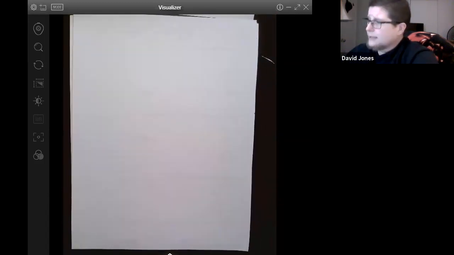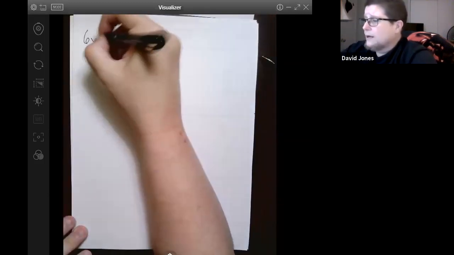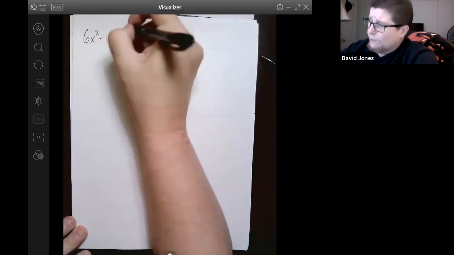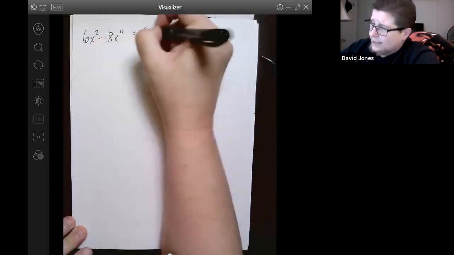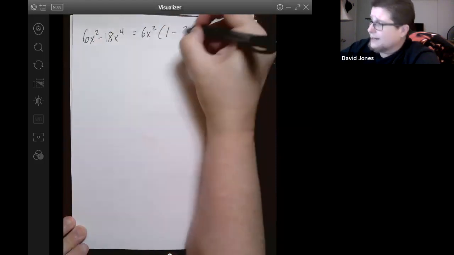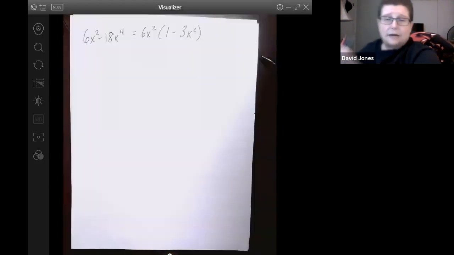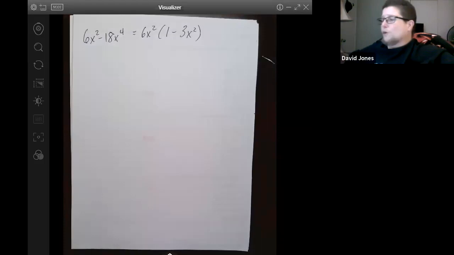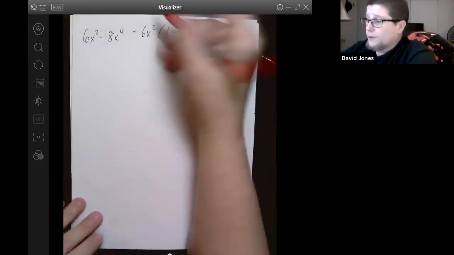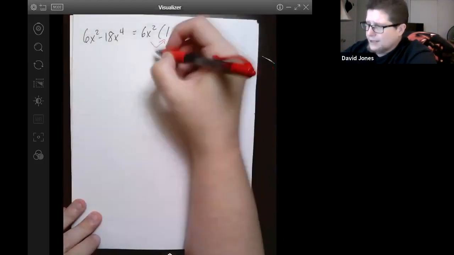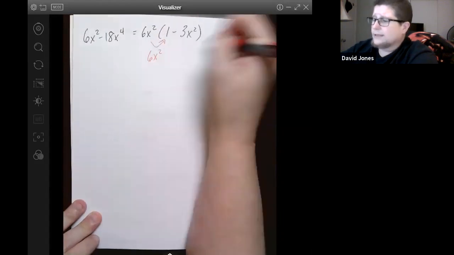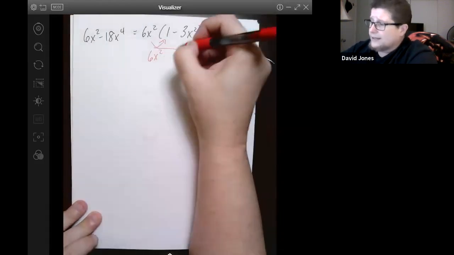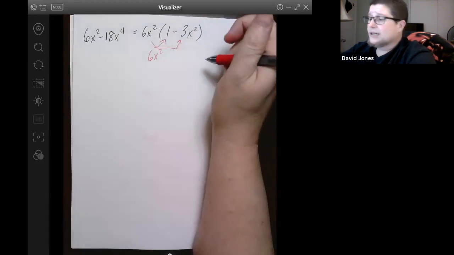So I had 6x squared minus 18x to the 4th equals 6x squared times 1 minus 3x squared. Now what I'm going to do to confirm that it's correct is let's just distribute. 6x squared times 1 is 6x squared, and 6x squared times negative 3x squared.